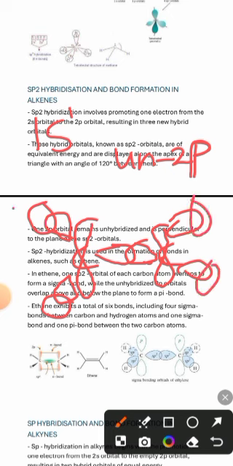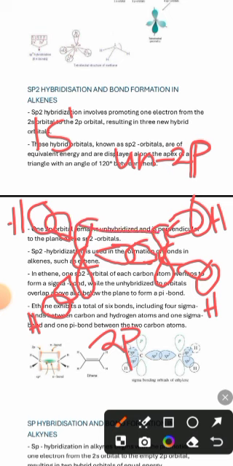So we can just write hydrogen, hydrogen, hydrogen, hydrogen. Now we said these two p orbitals overlap above and below to form a pi bond. They overlap above and below to form a single pi bond.